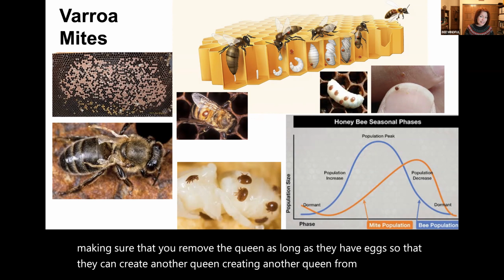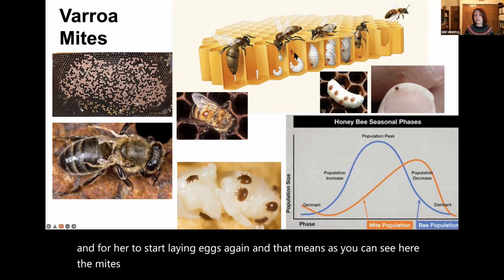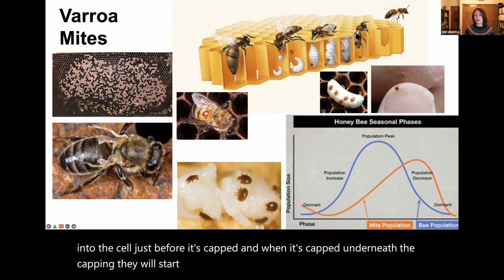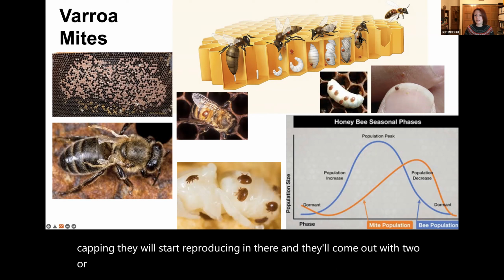And that means, as you can see here, the mites are on the bees, but when they need to reproduce, they get into the cell just before it's capped. And when it's capped, underneath the capping, they will start reproducing in there, and they'll come out with 2 or 3 generations coming out of there.